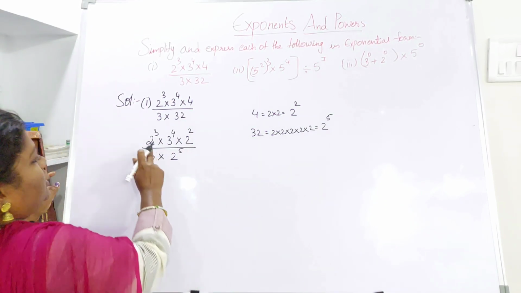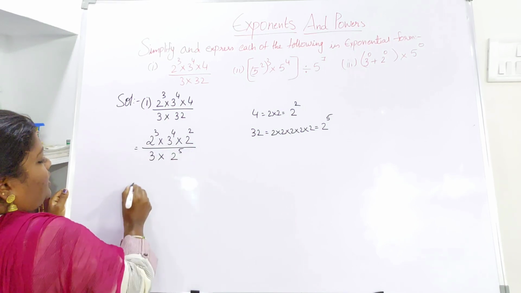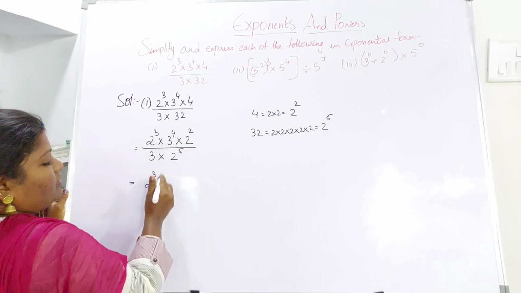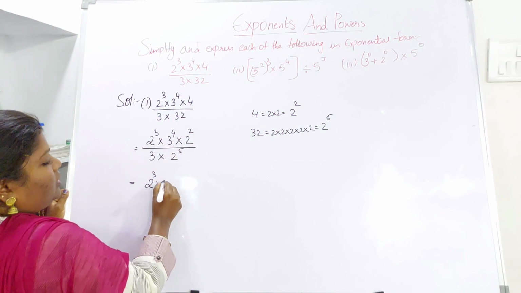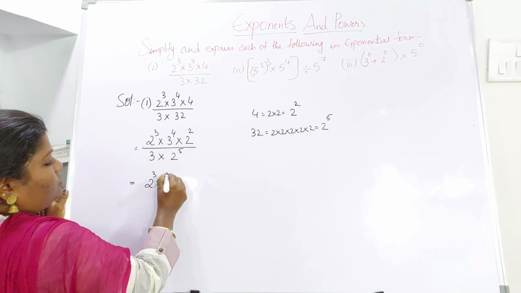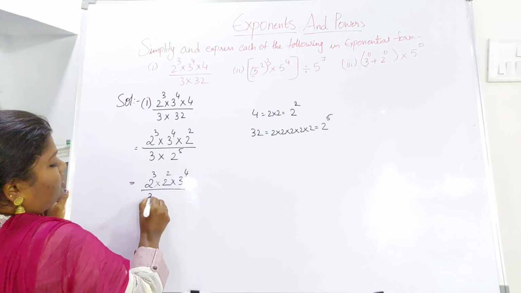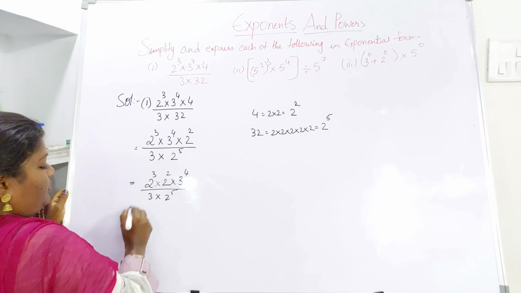Now see here 2 is repeated 2 times. So I can make it as 2 to the power of 3. First I am writing in same place, that is near to it. 2 cube into 2 square into 3 to the power of 4 by 3 into 2 to the power of 5. So here bases are same, add the powers.